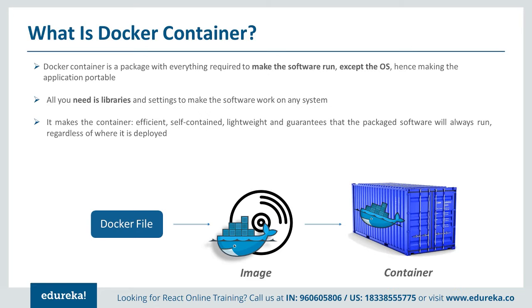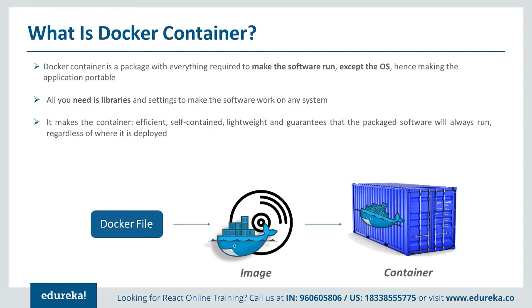So what is a container? It means once your image is ready, you make a container. A Docker container is a package with everything required to run the software except the OS. Hence, the application is portable. All you need is a library and to set up the software on any system. It makes the container efficient, self-contained, lightweight, and guarantees that the packaged software will always run regardless of where it is deployed.